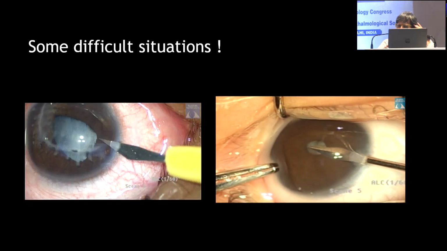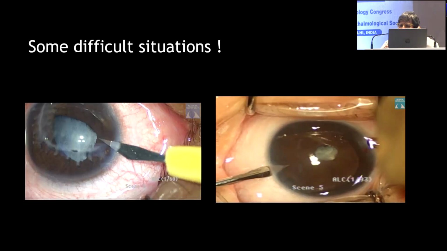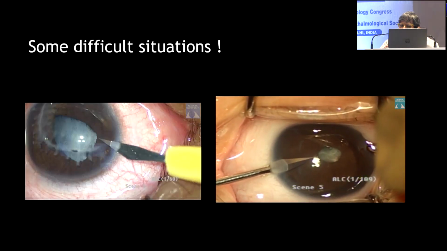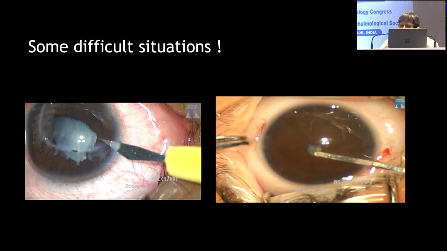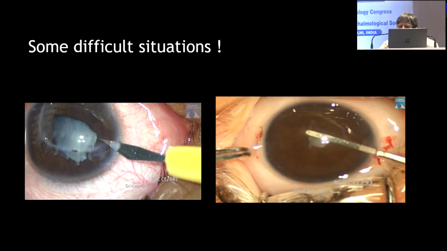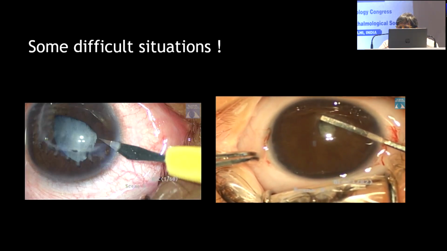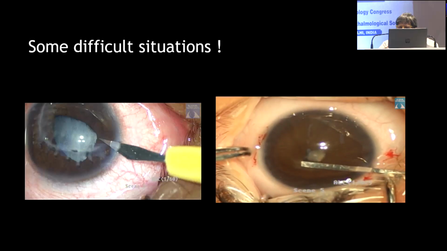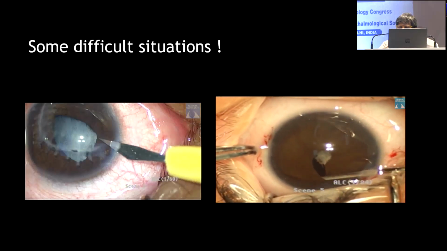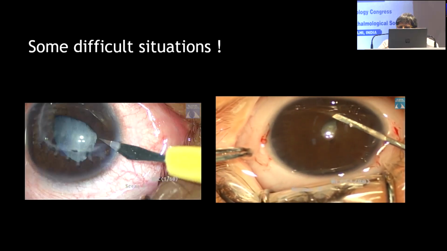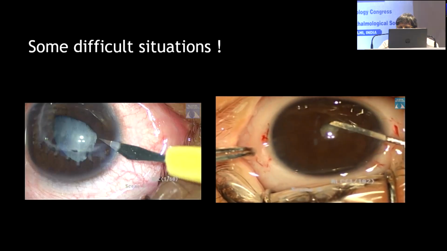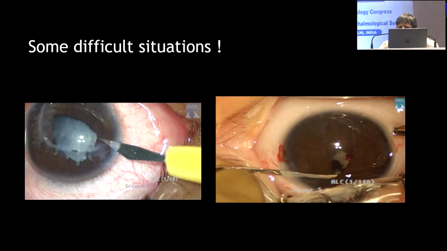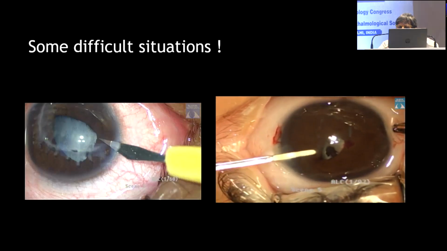persistent fetal vasculature or PHPV, where you can have just a partially absorbed cataract with a dense vascular membrane and no dilatation, and sometimes despite using synechiolysis, these patients may not dilate and they often have a tendency to bleed on table, so you may have to use cautery, a 23 gauge cautery.